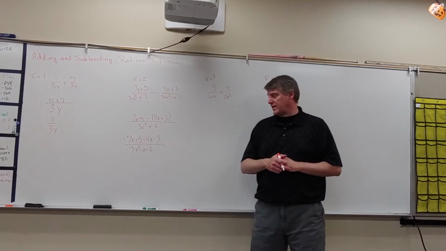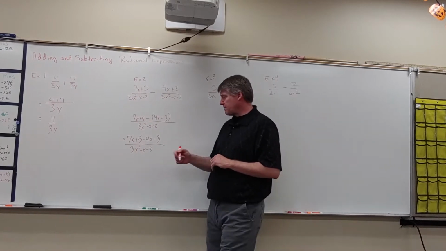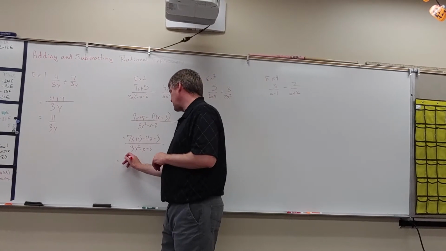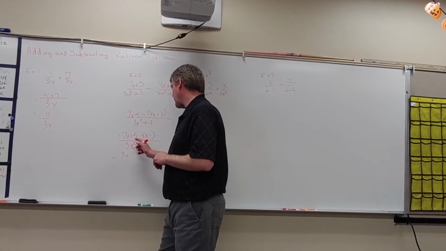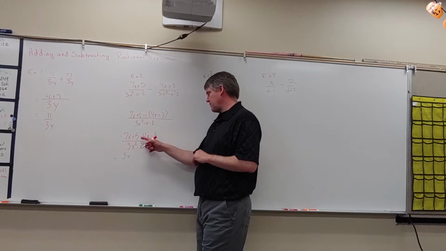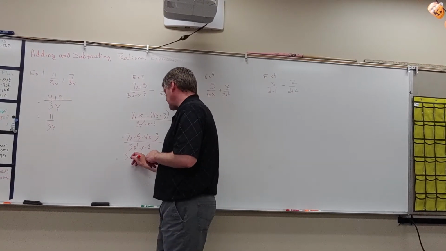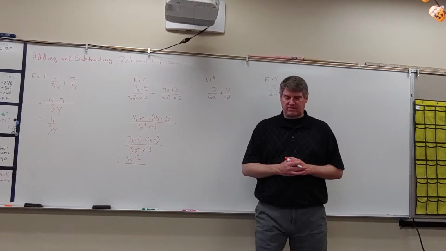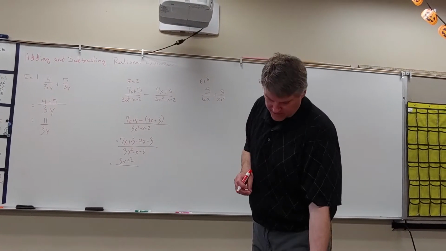Now I'm going to combine like terms. Okay. So I have 7x minus 4x. That's 3x. I have 5 minus 3. That's 2. I probably should look at if this factors or not.